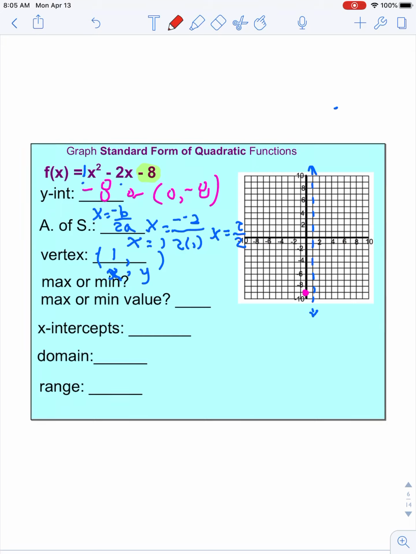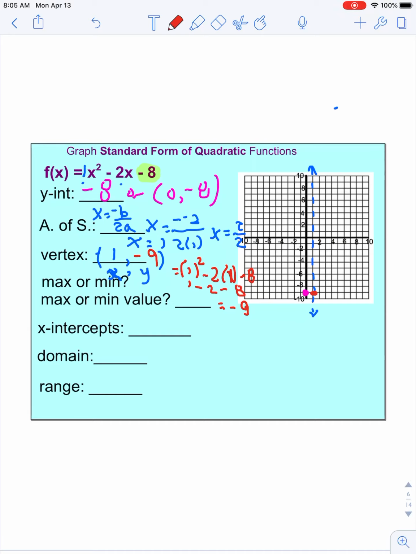So I'm really finding f of 1, or I put my 1 in for x, and I solve. So I have 1 squared, which is 1, and 2 times 1 is 2, so I have 1 minus 2 minus 8, and that gives me -9. So that means my y value right here is -9, and my vertex is down here at (1, -9).